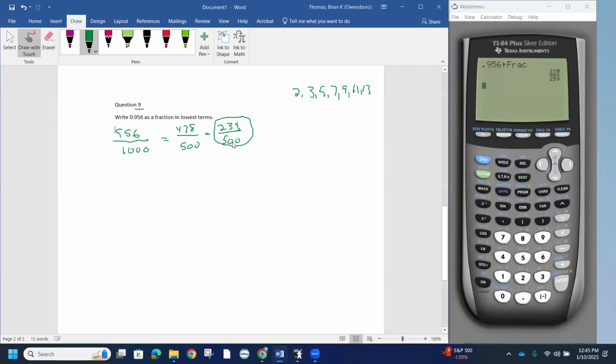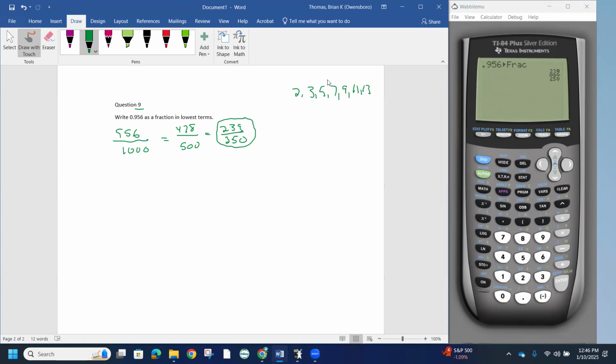Yeah, y'all caught that, didn't you? Half of 500 should have been 250, because I divided that by 2. I forgot to take half of 500, which would have been 250. So 239 over 250 would have been the right answer there.